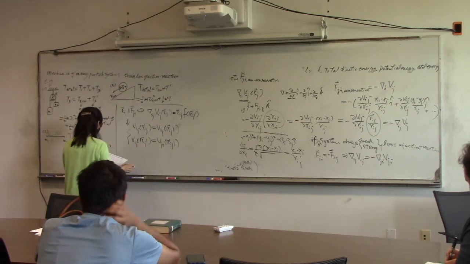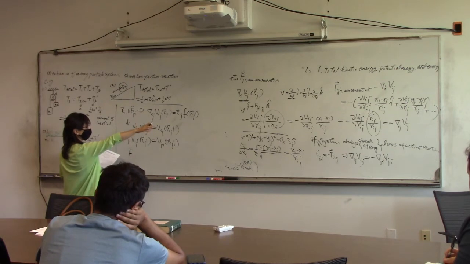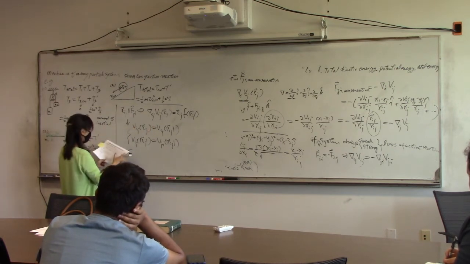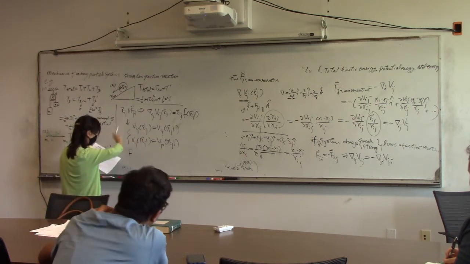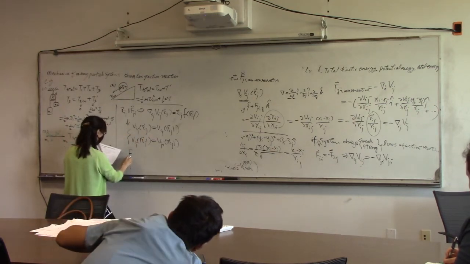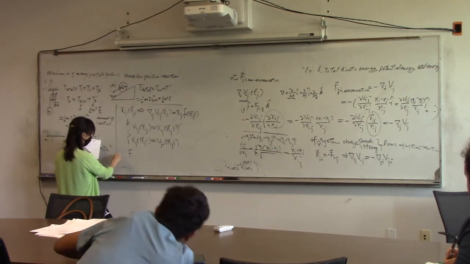So now let's look at the pair. The internal conservative force does work on the i particle and j particle along the path from 1 to 2. We have the summation over i from 1 to n, and j not equal to i.